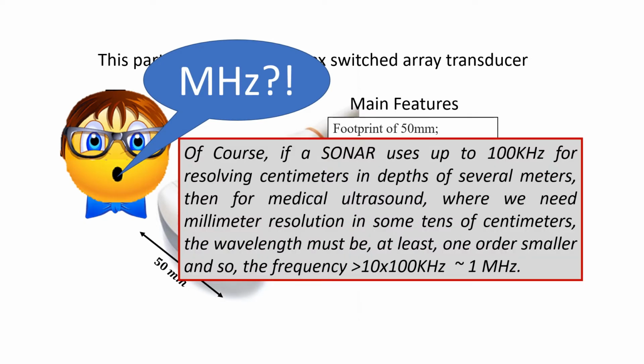If a sonar uses up to 100 kilohertz for resolving centimeters in depth of several meters, then for medical ultrasound, where we need millimeter resolution in some tens of centimeters, the wavelengths must be at least one order smaller, and so the frequency must be 10 times that of 100 kilohertz, and that's in the range of the megahertz, right?